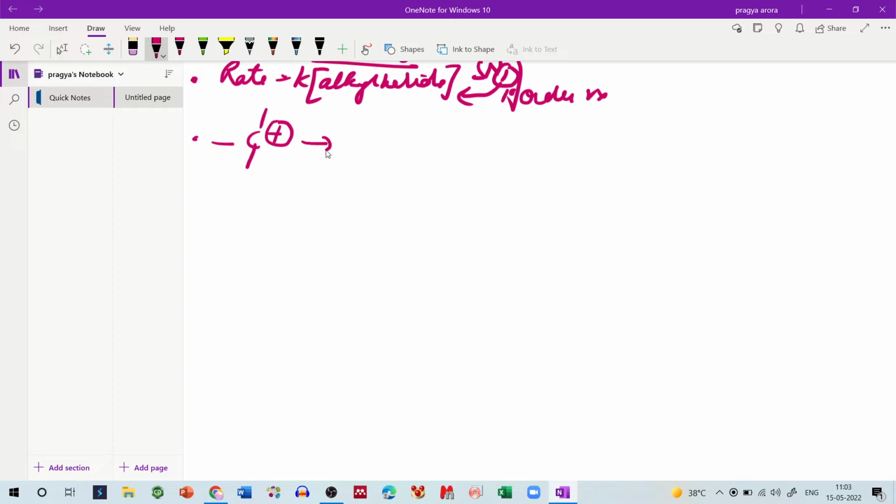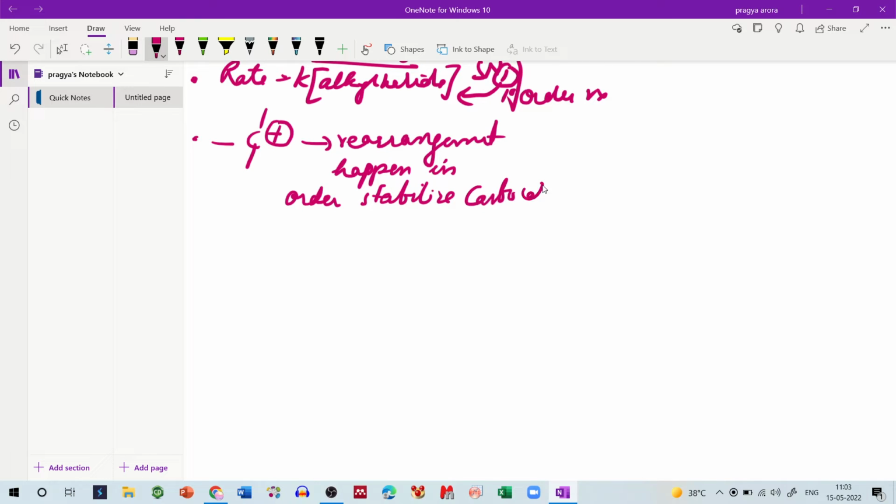Rearrangement is commonly observed. Rearrangement happens in order to stabilize this carbocation. The order of carbocation stability is tertiary, secondary and primary.